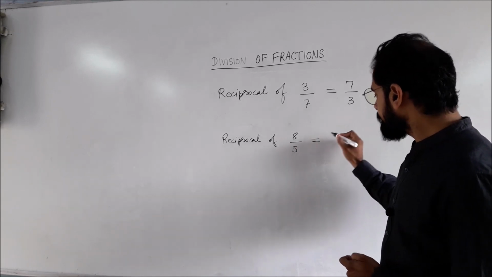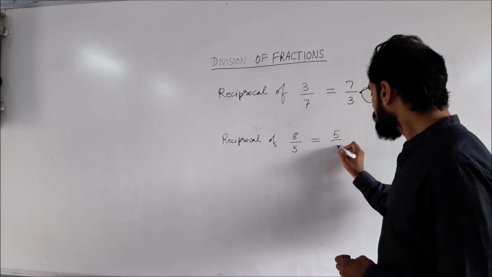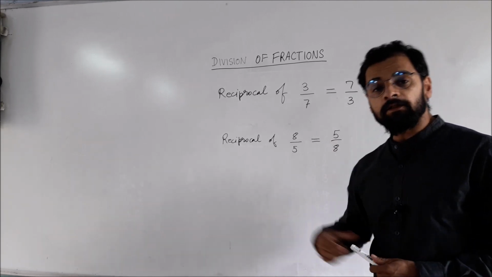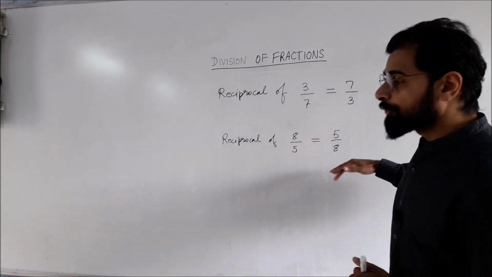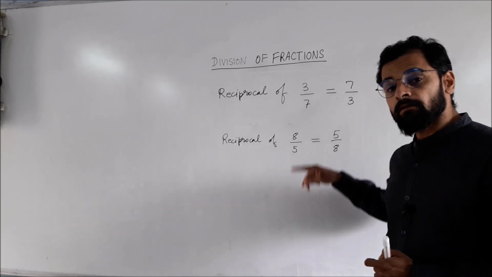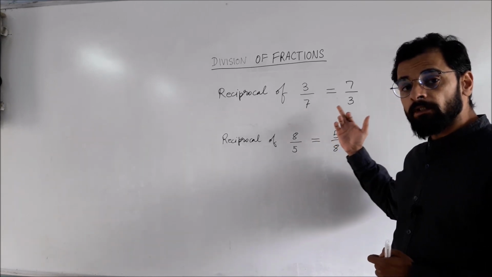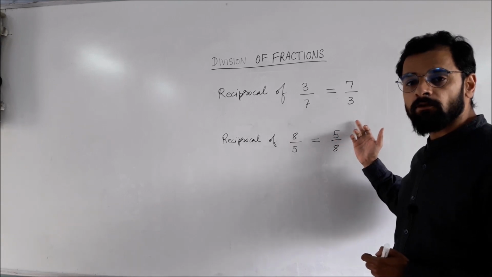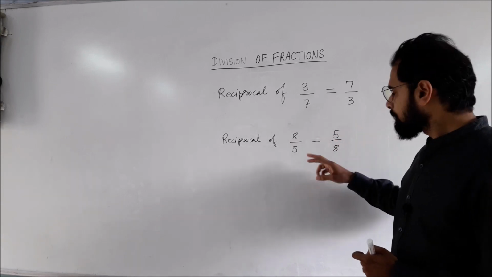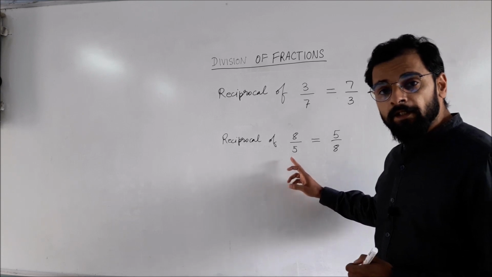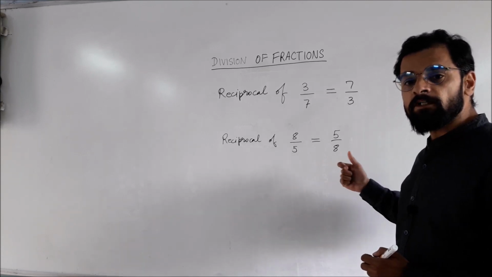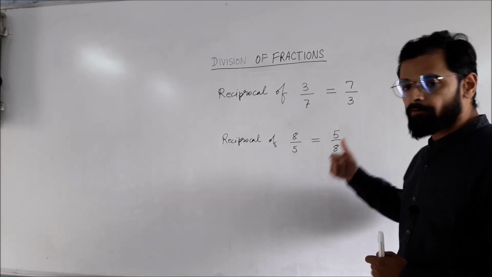So the reciprocal of 8/5 will be 5/8. Now from these two you can also conclude that the reciprocal of a proper fraction will always be an improper fraction, and the reciprocal of an improper fraction will always be a proper fraction.